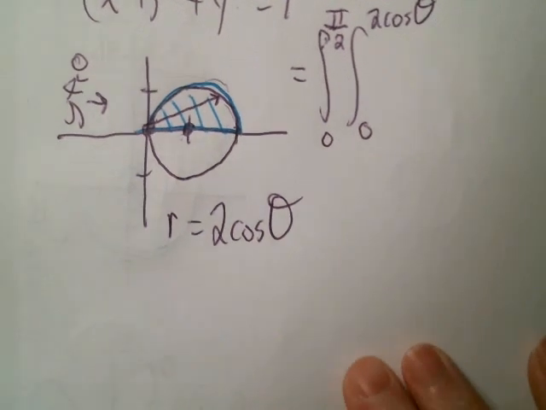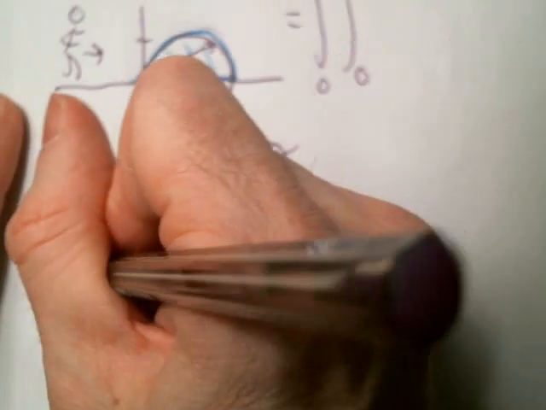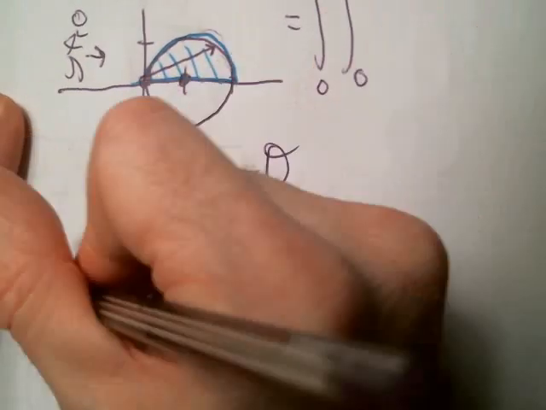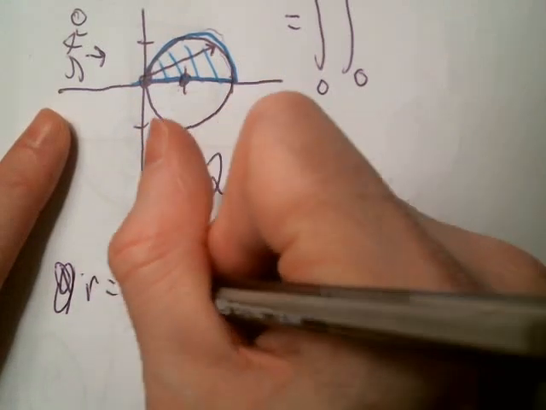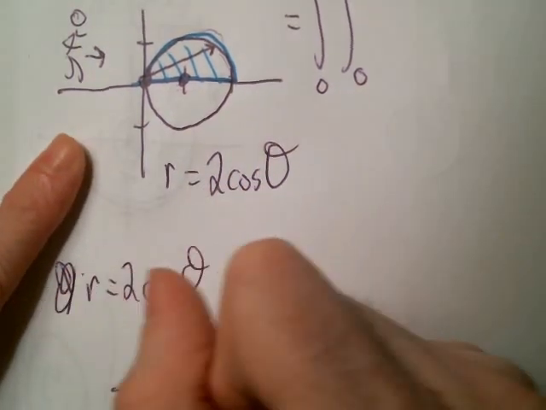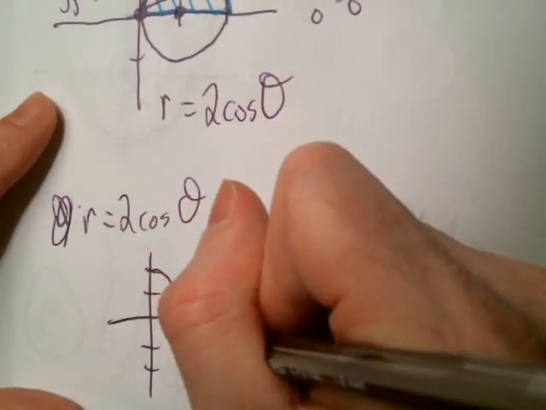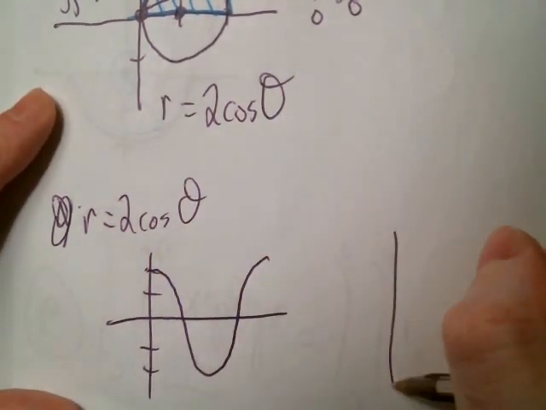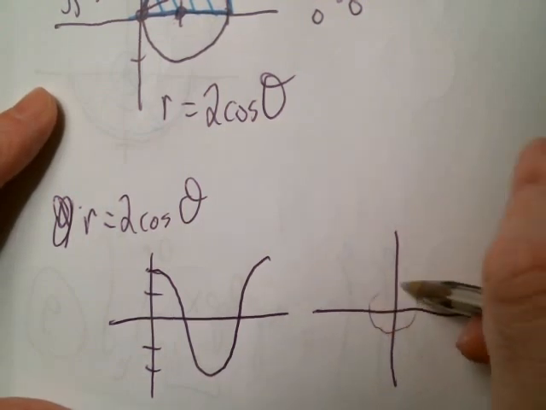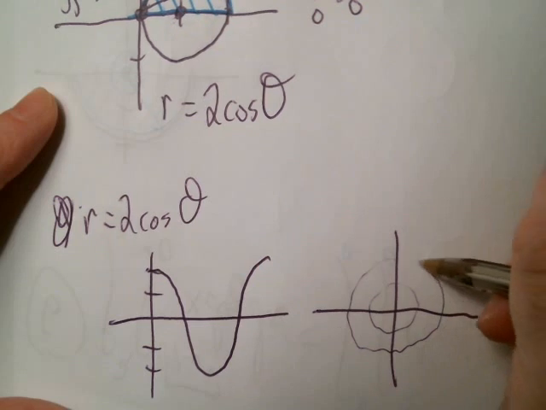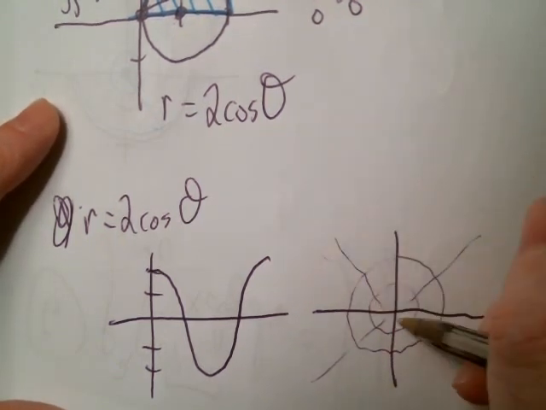If you don't remember that, you have to go back and think about this r thing in the r theta plane. So r equals 2 cosine theta has amplitude of 2, and then it goes like that. When you draw that in the xy plane, you're going to have two helper circles, and then we could add some guidelines.